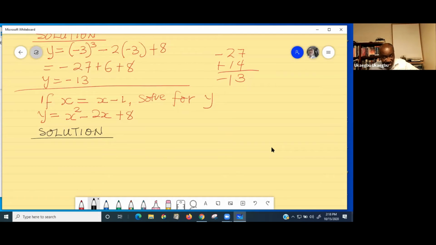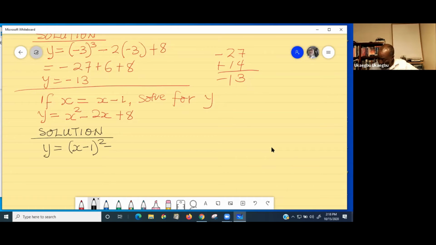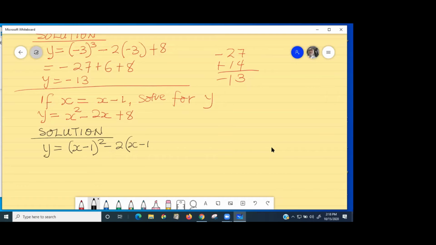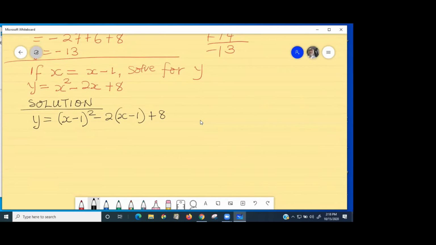So what he said is he did y equal to x minus 1, whole squared, minus 2 bracket x minus 1, plus 8. And then what's next? You just use the distributive property on x minus 1 squared.